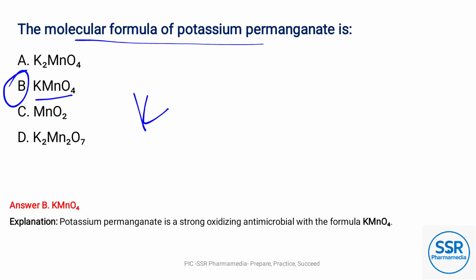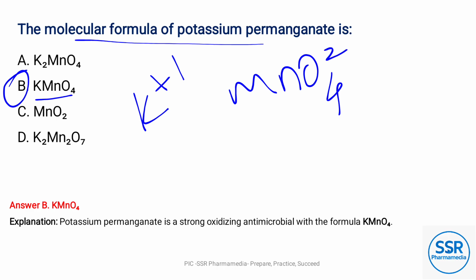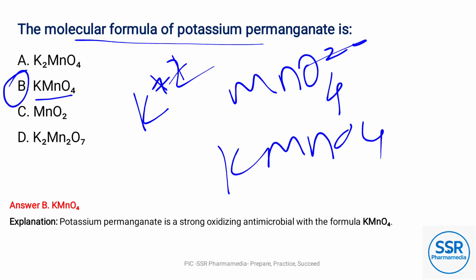K is plus 1, MnO4 is minus 1. So they cancel. So KMnO4. Potassium permanganate is a strong oxidizing antimicrobial with formula KMnO4.